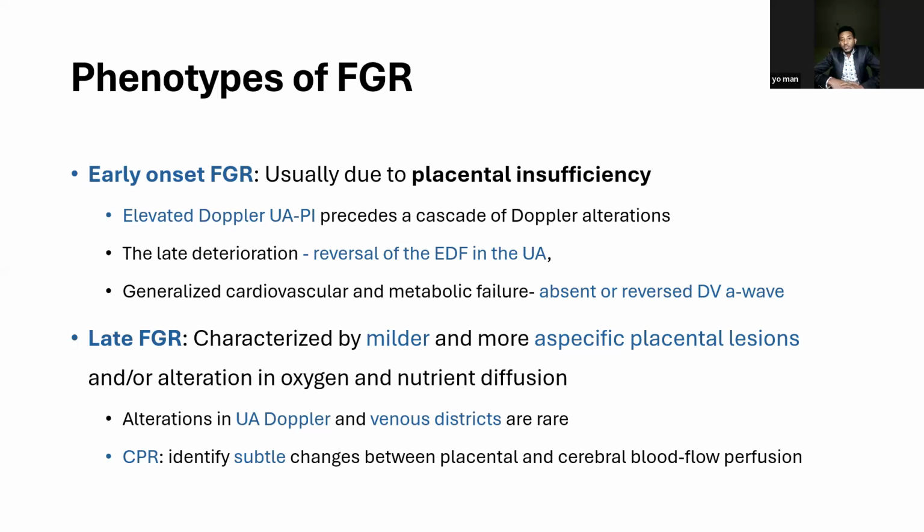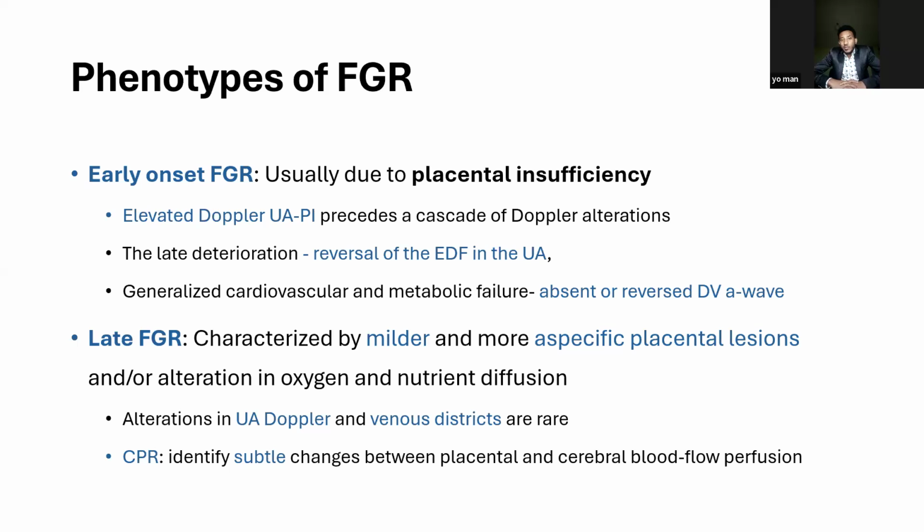Then the late onset FGR may strike days later or weeks later. So biophysical profile is not a benefit here, but also Doppler, umbilical artery Doppler and venous districts are also rare to be changed in late onset FGR. The only option in the Holy Grail for Doppler investigation of FGR is CPR ratio.